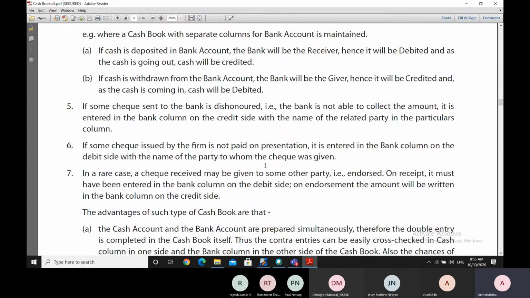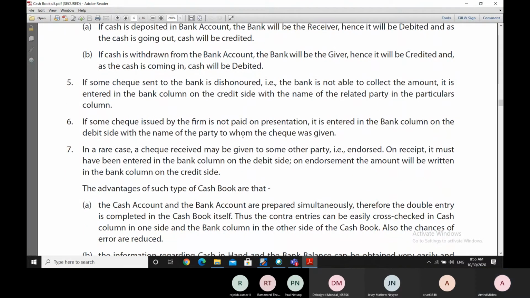Because earlier when we had given the check, we had entered it on the credit side. So by that way, we are able to cancel the check which was issued by the firm because it has not been paid.